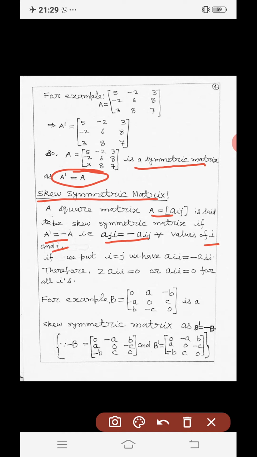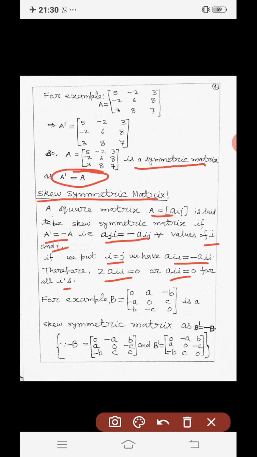Dear students, if we put i equal to j, we have aii equal to -aii. Therefore, 2aii equal to 0, or aii equal to 0 for all i's. This means that all the diagonal elements of a skew symmetric matrix are 0.